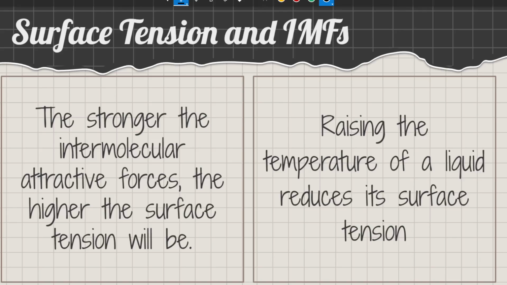So the stronger the intermolecular force is, the higher the surface tension will be. It's the opposite of what we did with viscosity. If you raise the temperature of a liquid, you'll reduce its surface tension because, again, we're getting to that gaseous state where we run into everything.